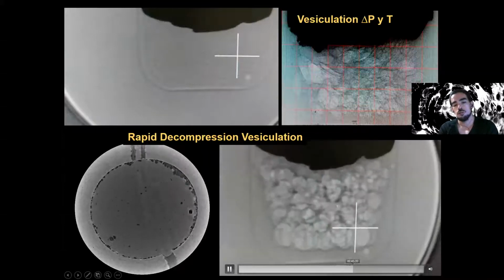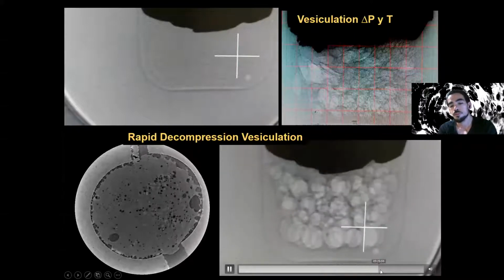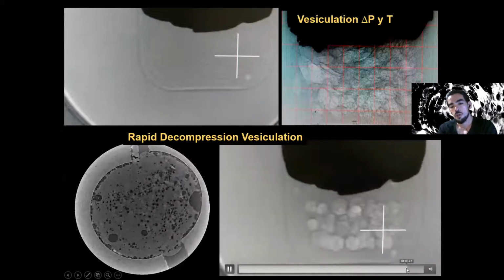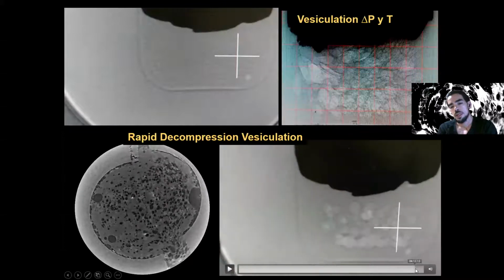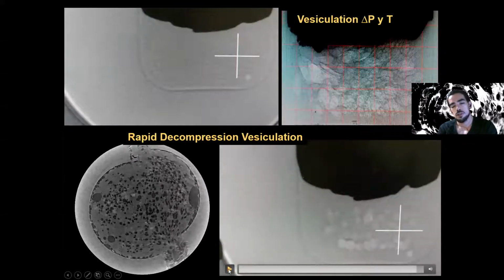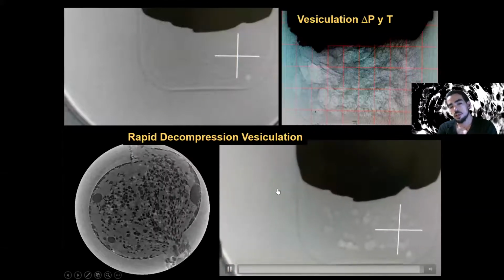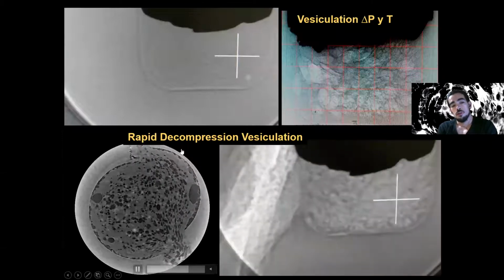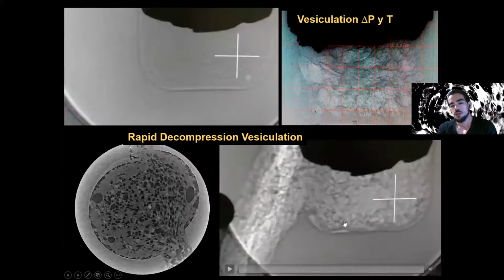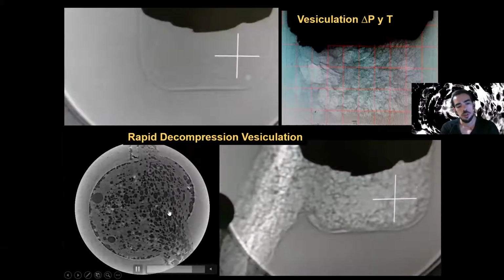We then try to redissolve gas into solution to a point in which the pressure is so high that the sample container is going to break. And when breaking on this side, we are going to produce rapid decompression, vesiculation, and thousands of bubbles, which we can also see here.